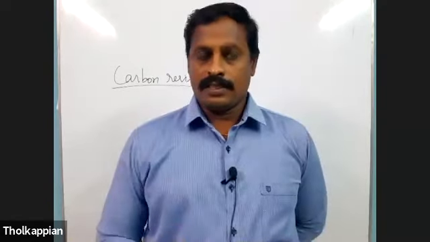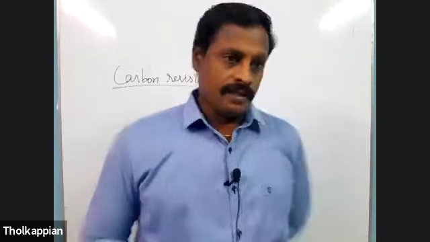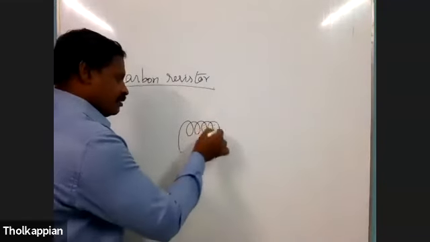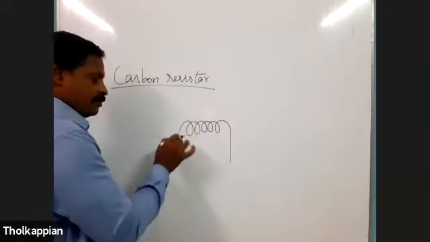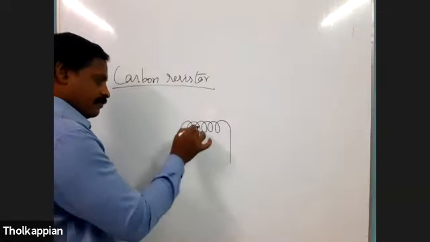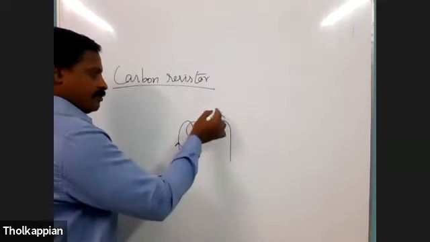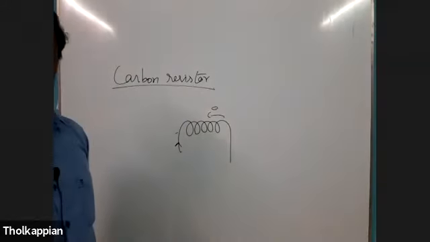There are two types of resistor. Previously, they used a big resistor. This is an inductance resistance. If current flows here, it produces magnetic flux. That flux produces a back EMF, that is an opposite EMF, so that it restricts the flow of the current.